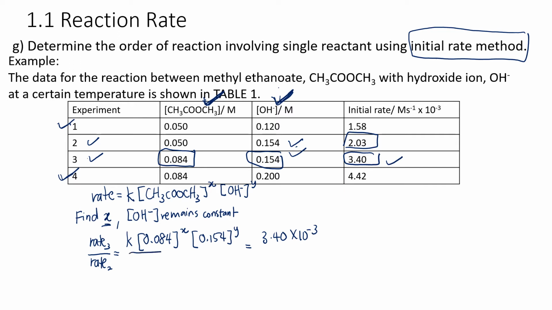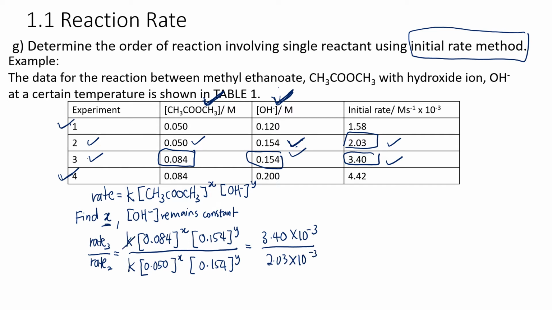For experiment 2, the rate constant is assumed to be the same, the concentration of CH3COOCH3 is 0.05 raised to the power of x, the concentration of hydroxide ion is 0.14 raised to the power of y, and the initial rate is 2.03 times 10 to the power of -3.